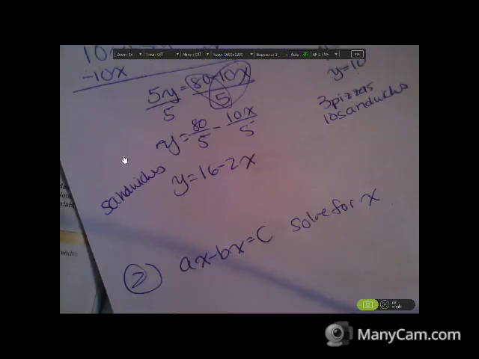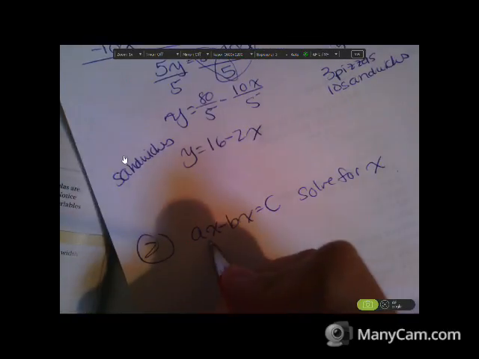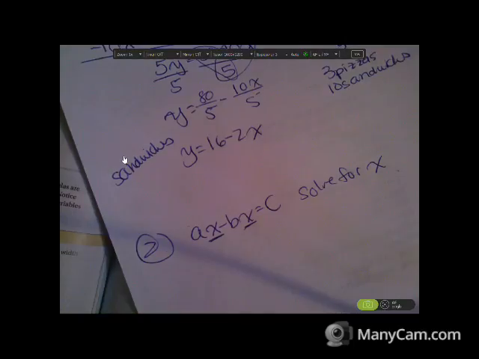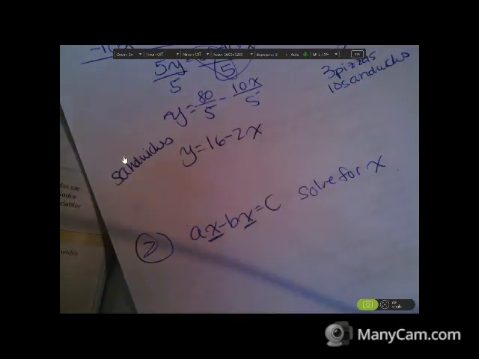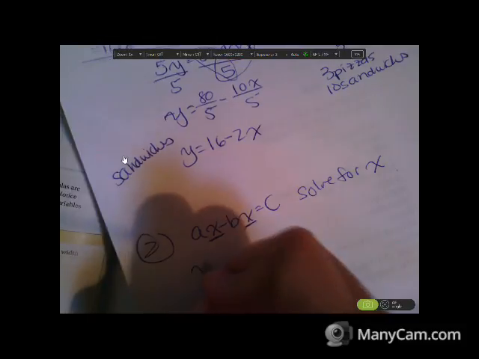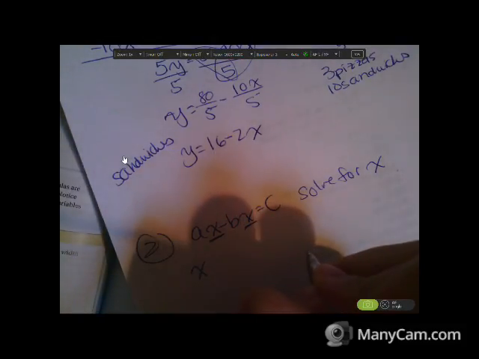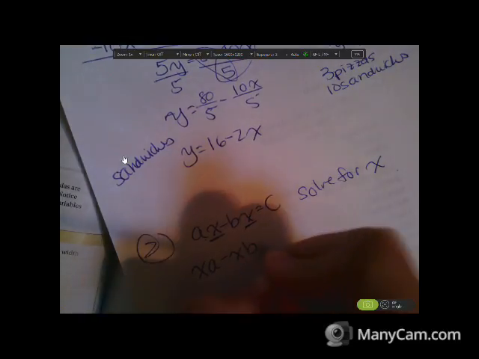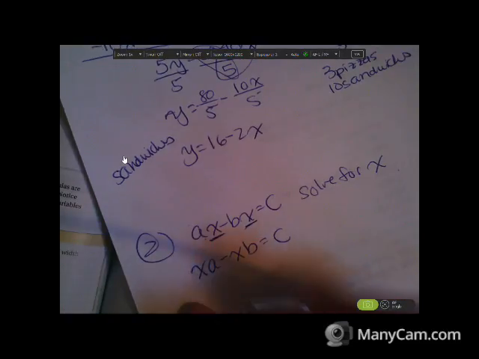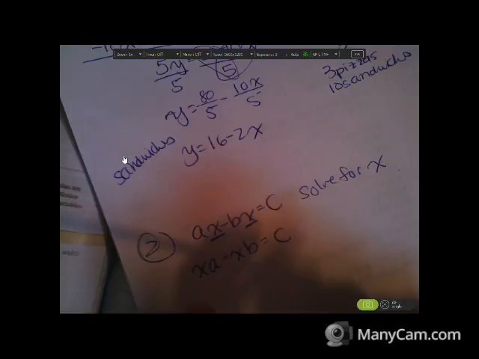You notice that there's an x here and an x here. So therefore, this is what we're going to do. We're going to use the distributive property. In fact, we're going to factor, which is what you're going to find out later. So if there's an x, that means x times, so I'm going to switch it around first. I'm using the commutative property, right? Because I can do that.